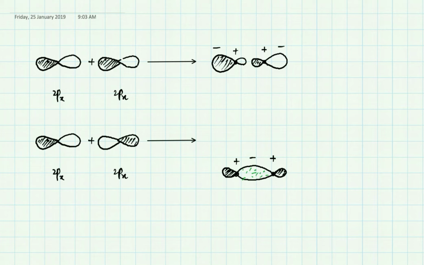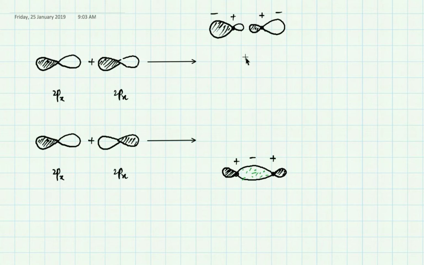Because similar charges are approaching each other, there will be an increase in energy of the system. So this orbital will be higher in energy as compared to the combining atomic orbitals when we are considering the energy also.